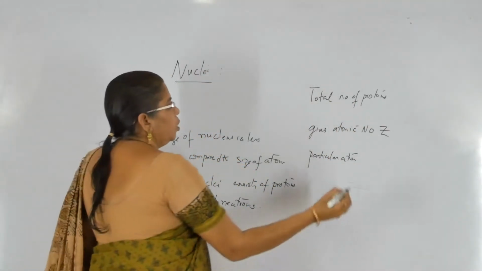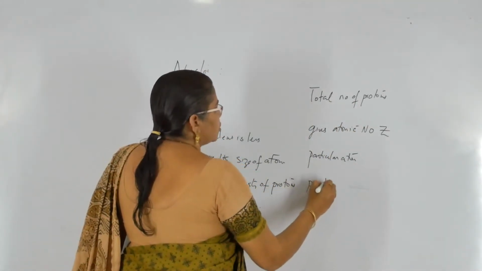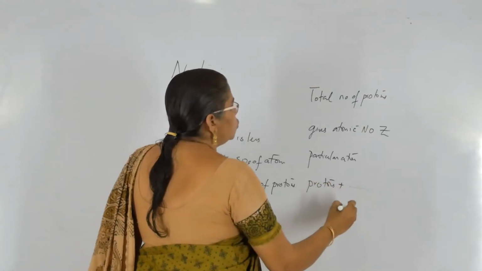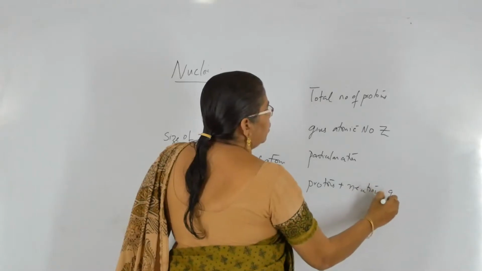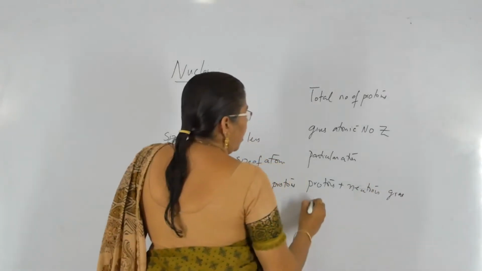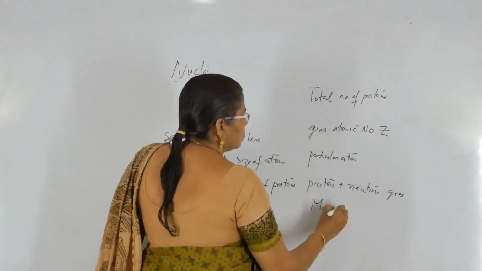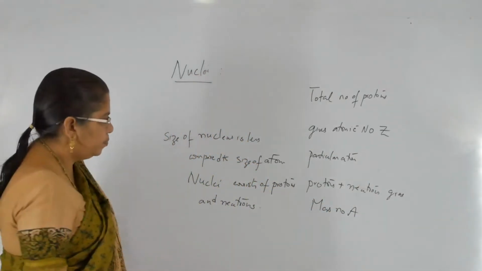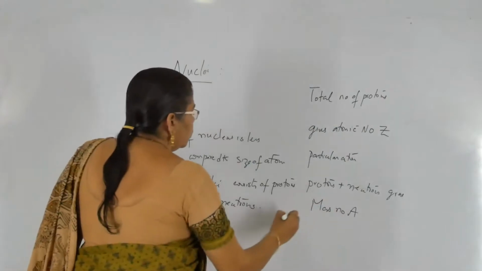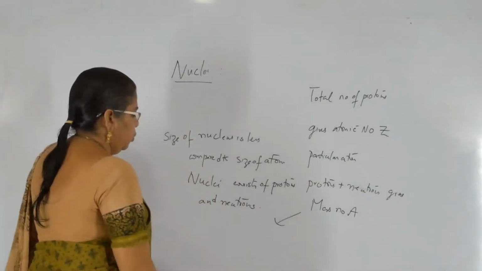Next, the total number of protons plus neutrons gives the mass number. We give it as mass number A. Now, what is 1 AMU?